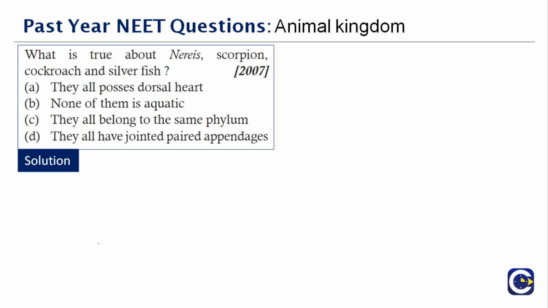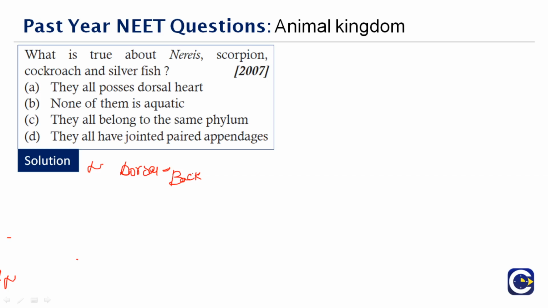In general, dorsal means back, and ventral means the front side. So when we say dorsal, it means back.